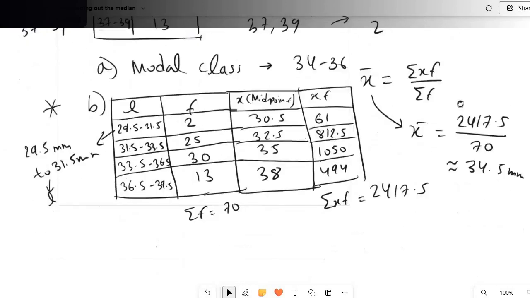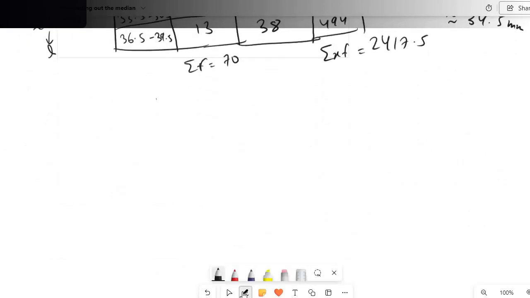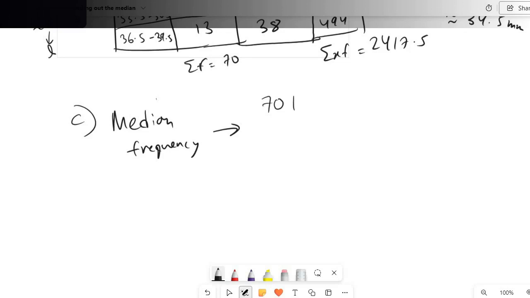If you remember from our previous videos, the median is going to be at the position of summation of f plus 1 divided by 2. So the median position is summation of f, which is 70, plus 1 divided by 2, which is 35.5, meaning it's going to be the average of the 35th and 36th terms.